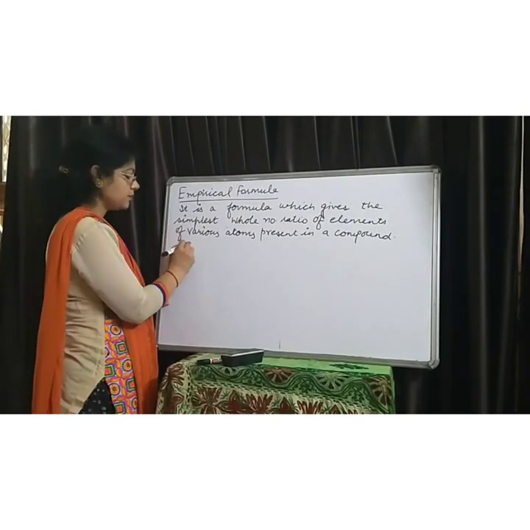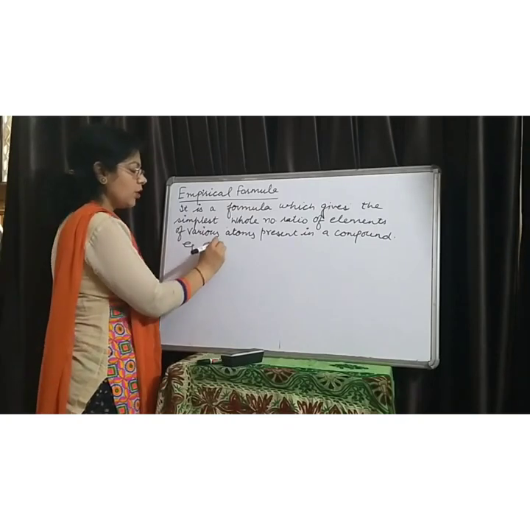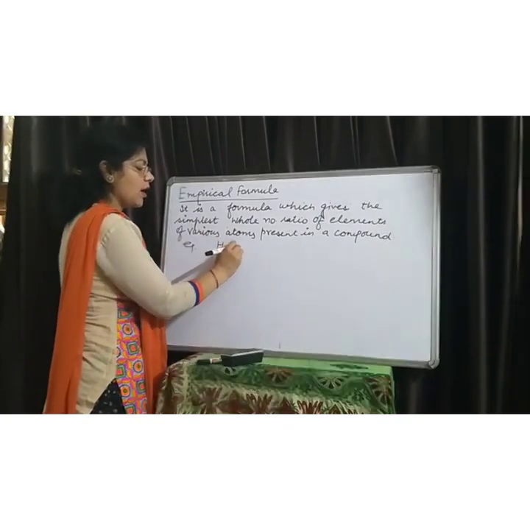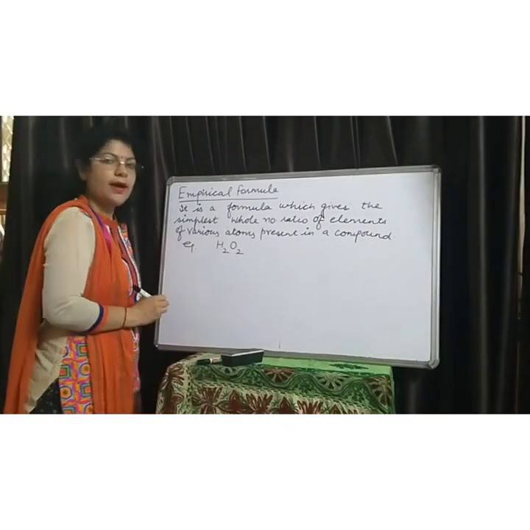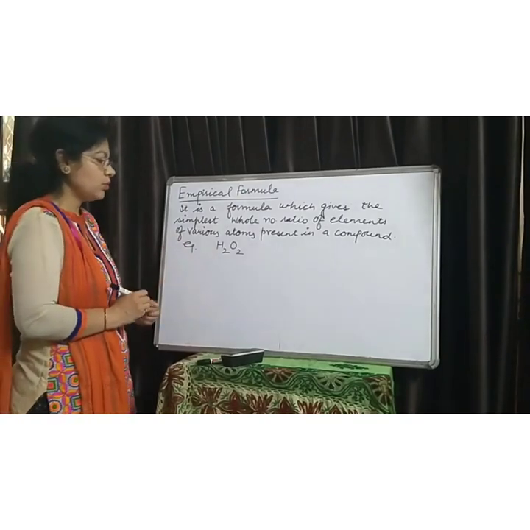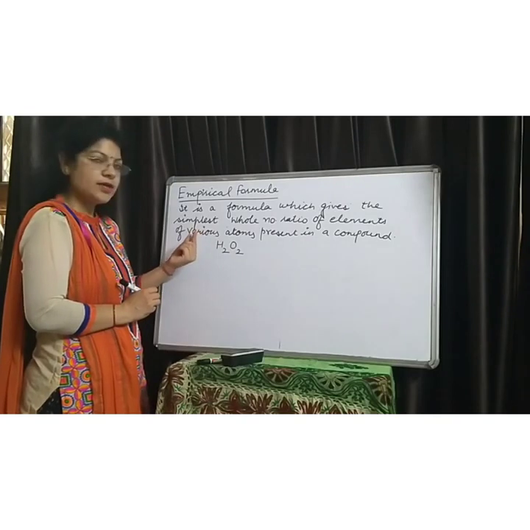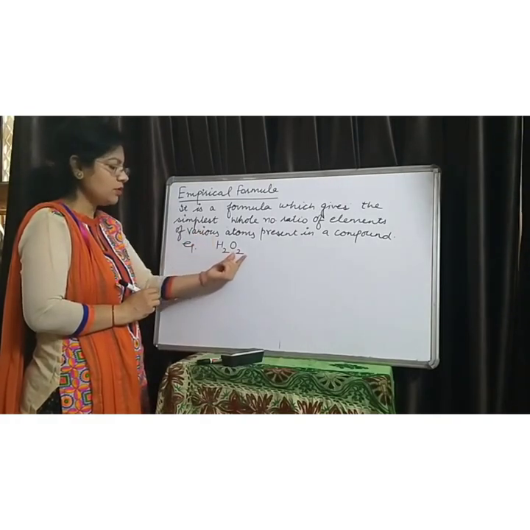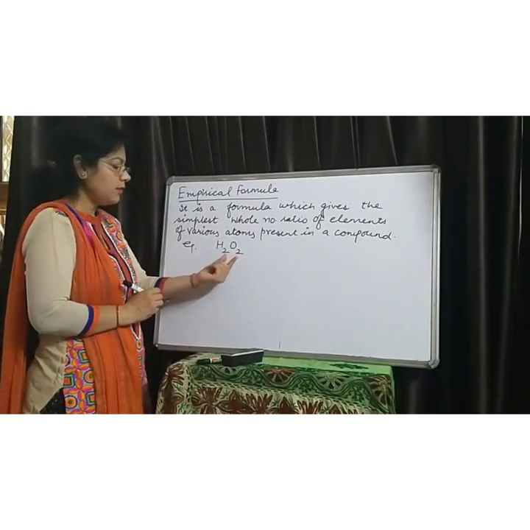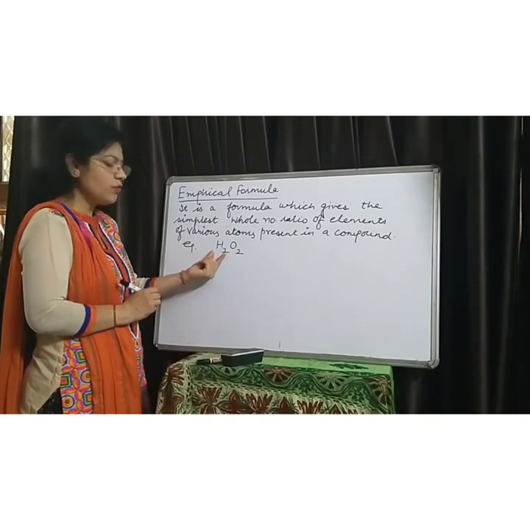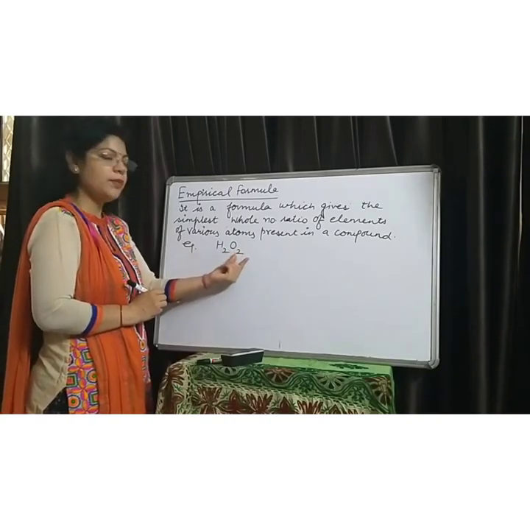For example, the molecular formula of hydrogen peroxide is H2O2. Here, two kinds of atoms are present, hydrogen and oxygen, with two atoms of hydrogen and two atoms of oxygen.